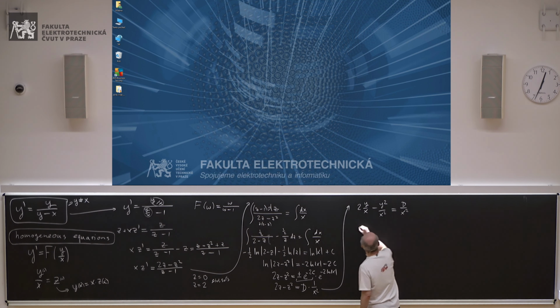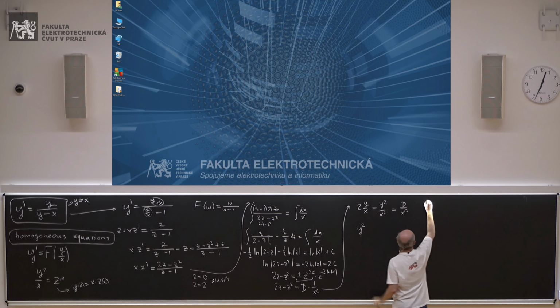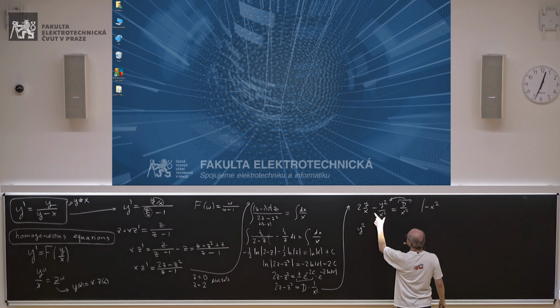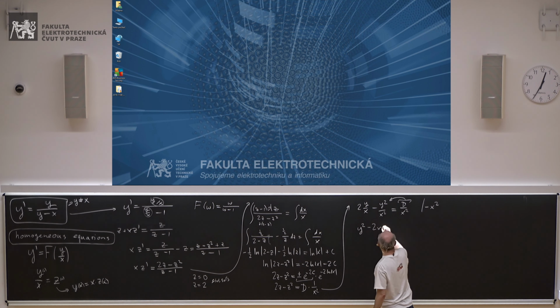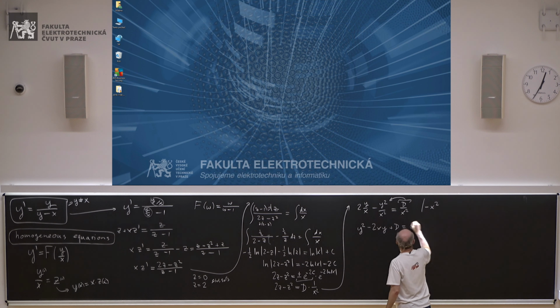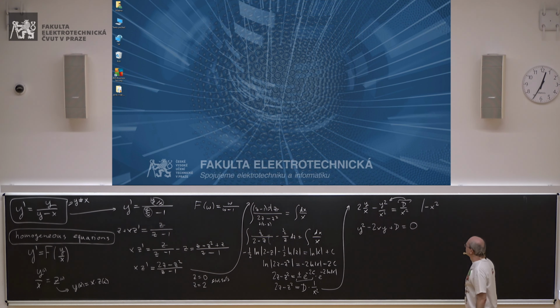So when I do that, I get y squared, because I change, okay, I'm writing it down. This one goes left, and I'm multiplying by minus x squared. So minus x squared cancels y squared here. I'm multiplying, it becomes minus 2xy, and I'm moving, it has a minus sign, and I multiply and it becomes plus d. That's the formula for y.